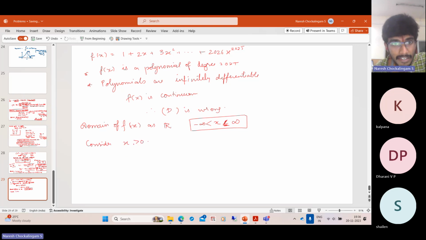So if x is greater than 0, f of x is equal to 1 plus 2x plus 3x squared up to 2026 times x to the power 2025. It increases, it's a polynomial. When x is greater than 0, all the coefficients are positive.